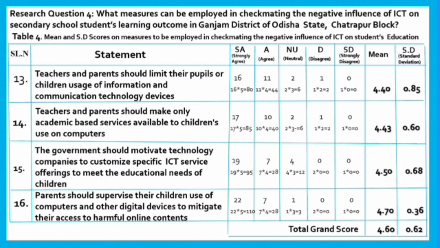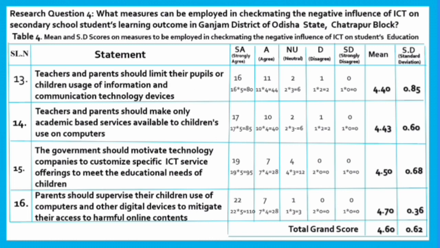Here the mean score is 4.43 and the standard deviation score is 0.60. Then statement number 15, the government should motivate technology companies to customize specific ICT service offerings to meet the educational needs of children. Here the mean score is 4.50 and the standard deviation score is 0.68.